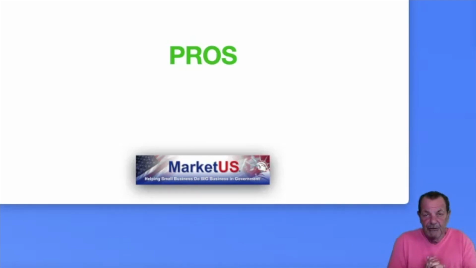The pros are they're more accessible to small business. Now, GSA, this is where I told you I was coming back to. This is going to be the fun part: GSA is an initial 5-year contract.